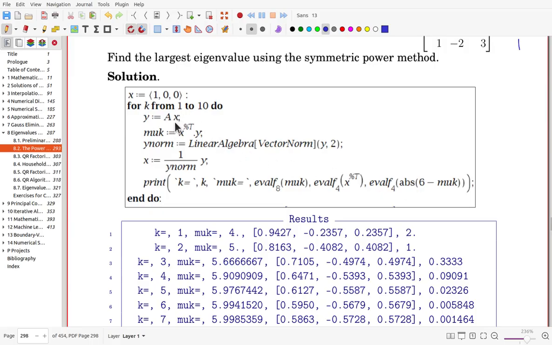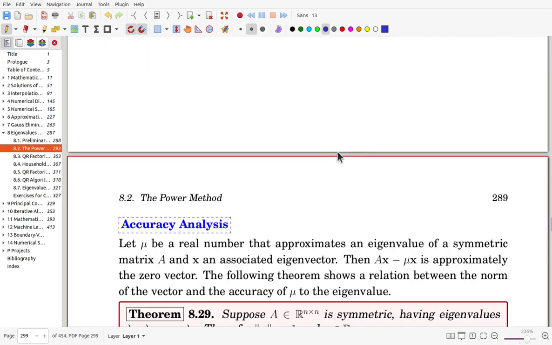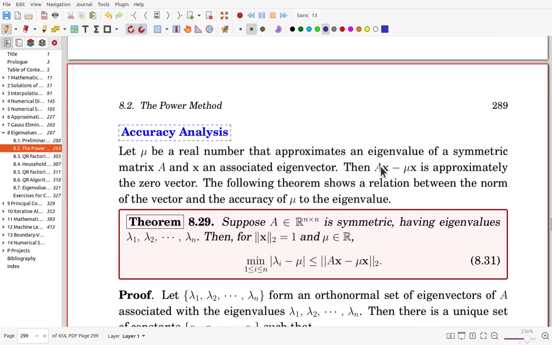And here, y is the x multiplication, and through this one we try to get mu k, so that when we apply the stopping criterion, the stopping criterion is based on eventually Ax minus mu k. So once it is small, then we can stop the iteration.